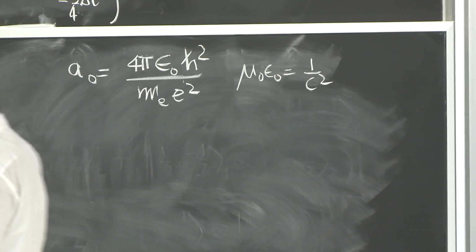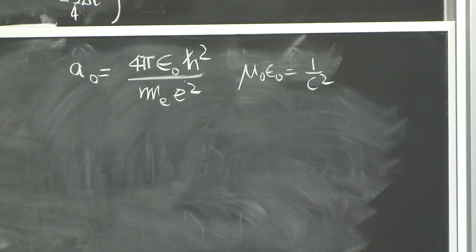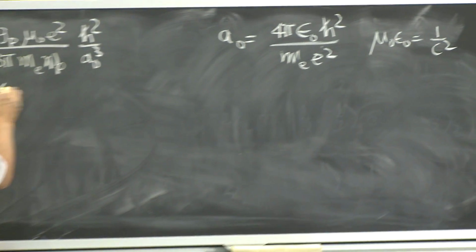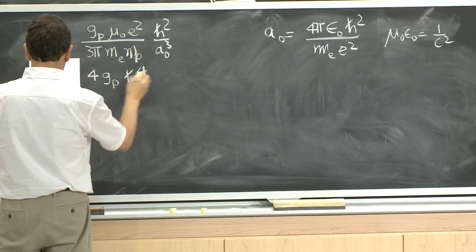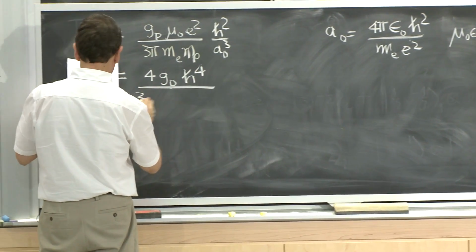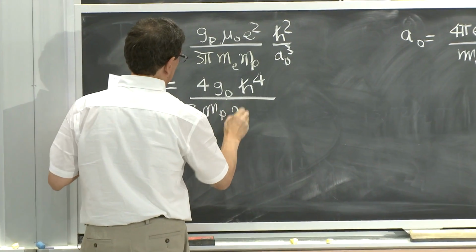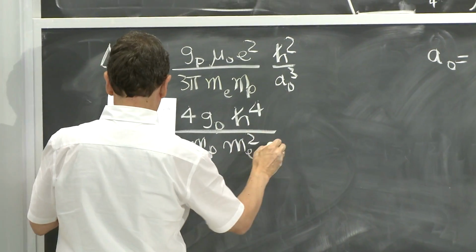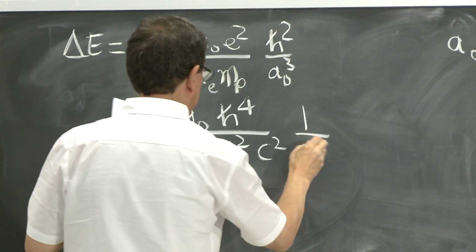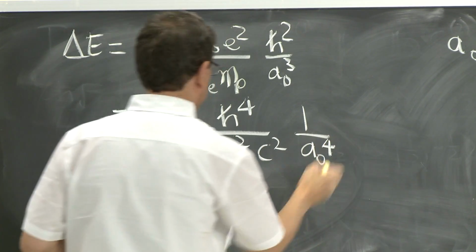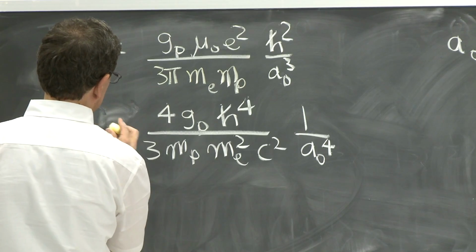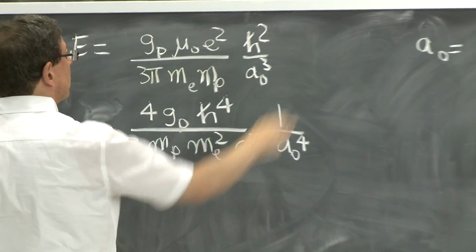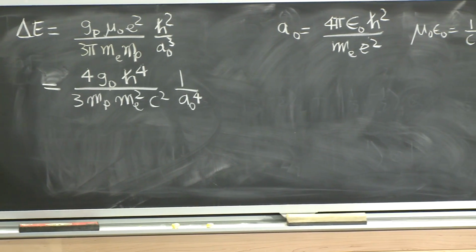And with those two, you will be able to show that this becomes 4 GP h to the 4th over 3 MP ME squared c squared, 1 over A0 to the 4th. So a little work that I'm leaving for you in checking that these two relations allow you to write it this way.